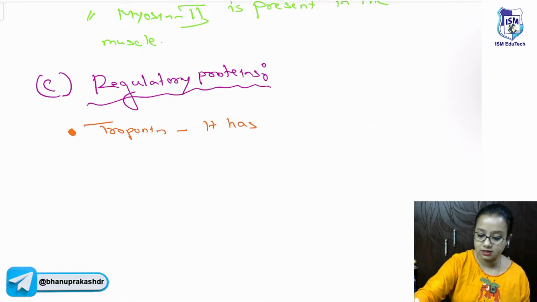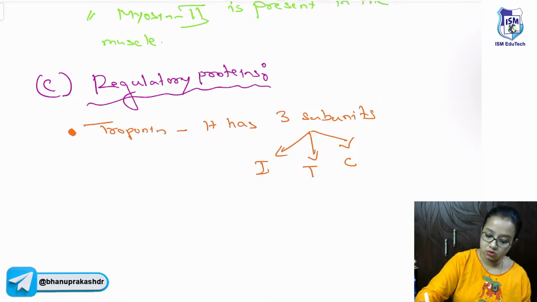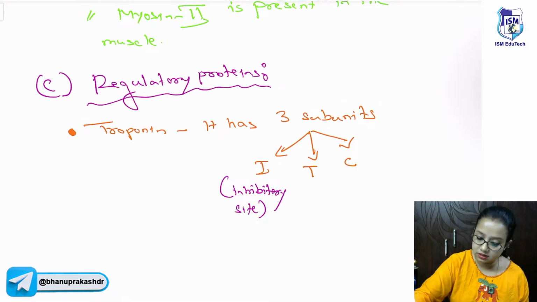It has three subunits like I, T, and C. I is the inhibitory unit.